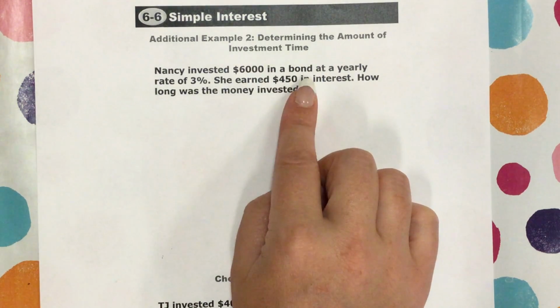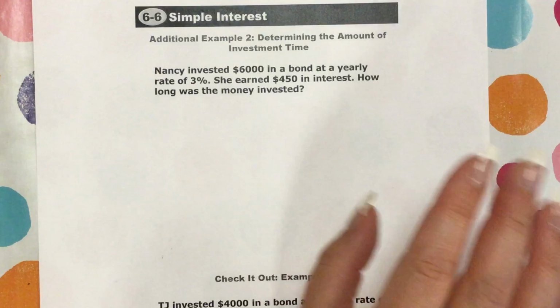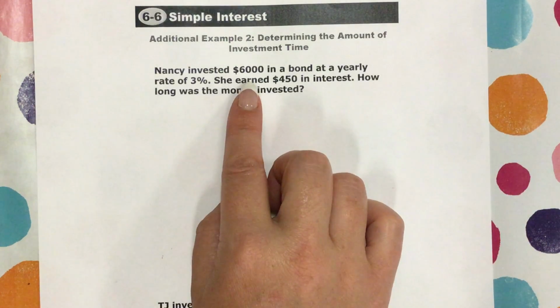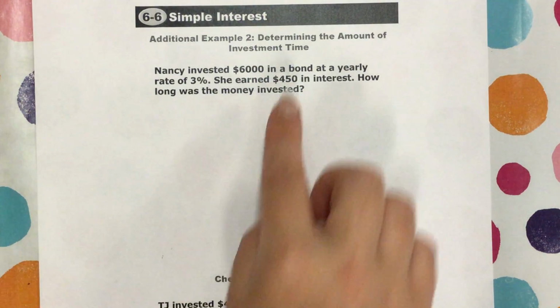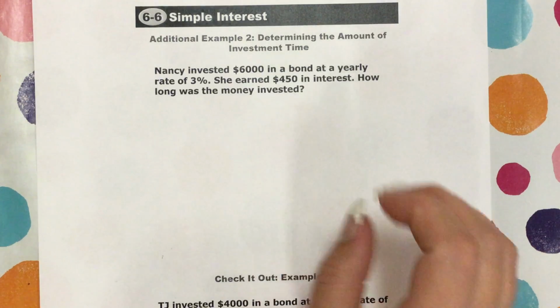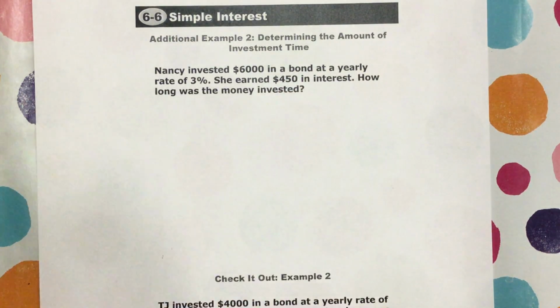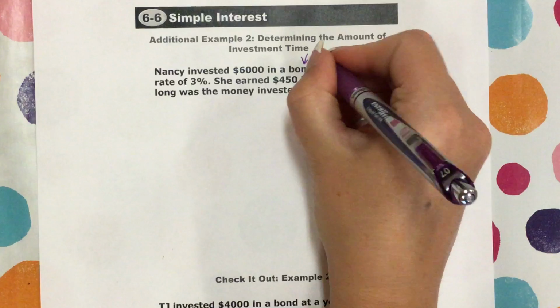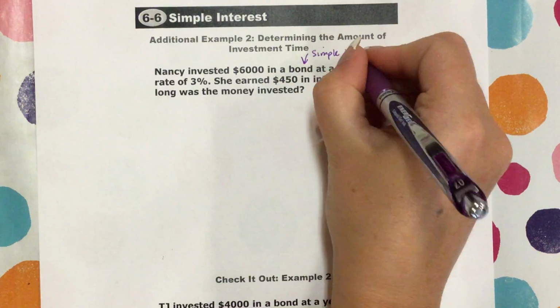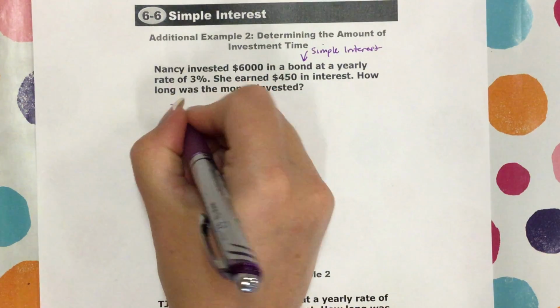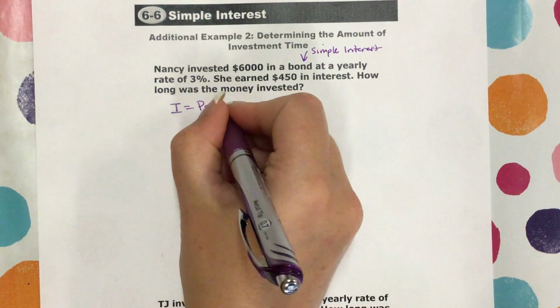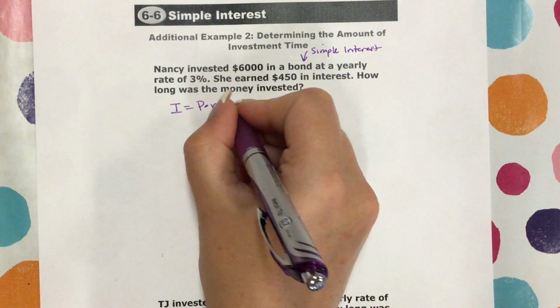Bonds are very secure, so if you invest your money, you are definitely going to get your money back with a small portion of interest. Okay, so this is in simple interest. Whenever you see the word bond in any of these problems, you know that you're dealing with simple interest. So we're going to use our simple interest formula, which is I equals P times R times T.